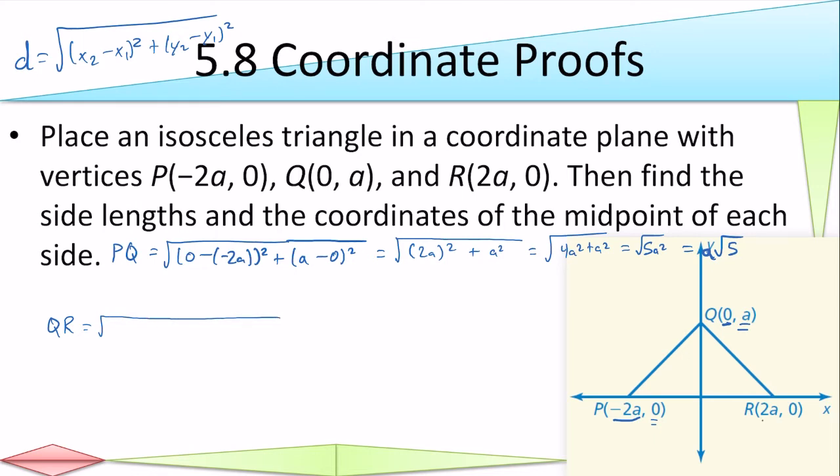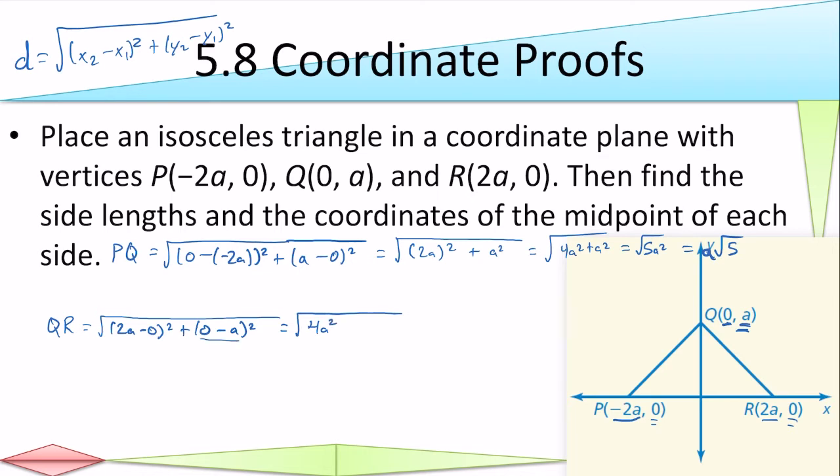Okay, so x2 is 2a, x1 is 0. y2 is 0, y1 is a. All right, so this would be 2a squared. 2 squared is 4a squared.